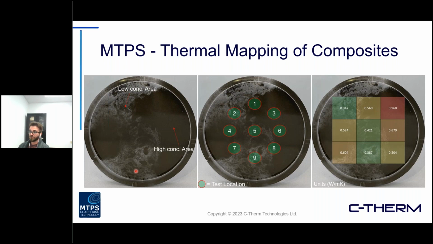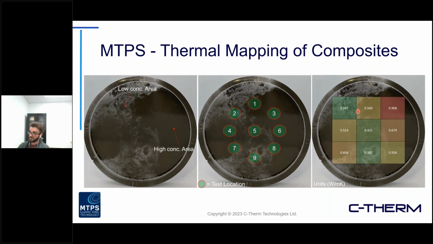The example we're showing here is a very visibly obvious one, but it really helps to highlight the point. This was an epoxy resin filled with a conductive metal nanoparticle, and as we can see, very non-uniform. With the MTPS, because it's a single-sided method and it has that controlled directionality with the guard ring, we can place the sensor at different discrete locations and get a localized measurement for thermal conductivity.